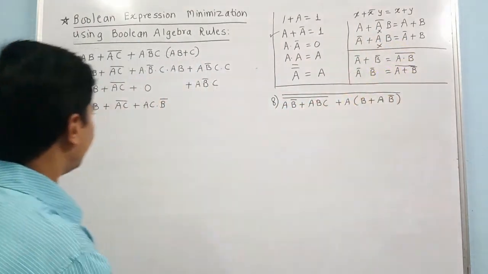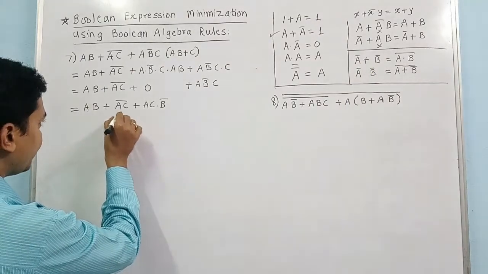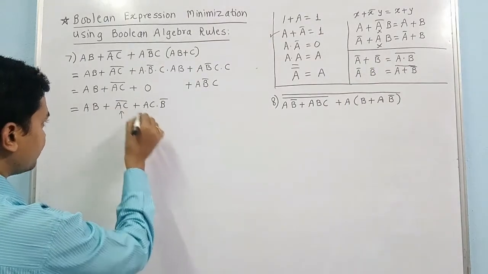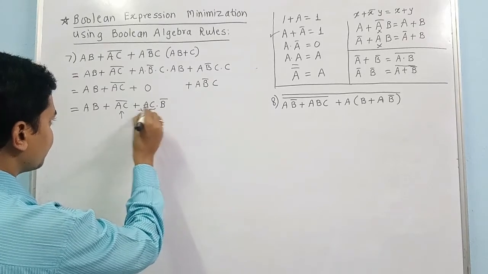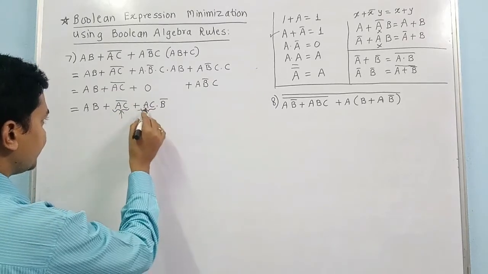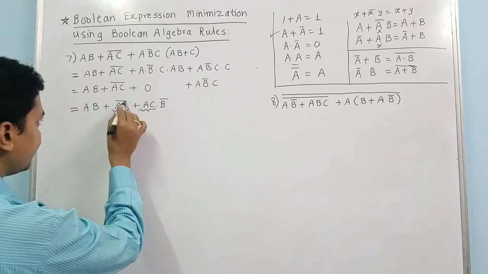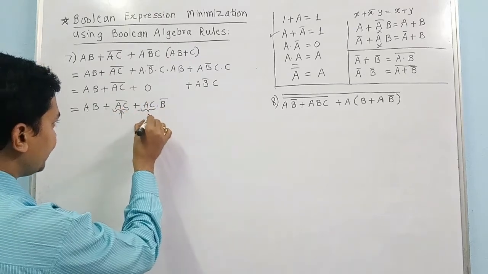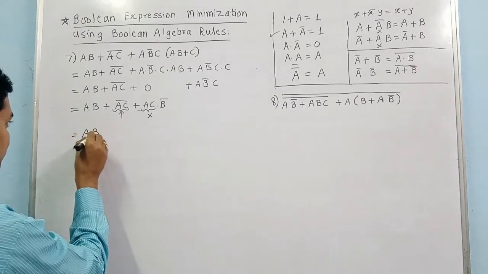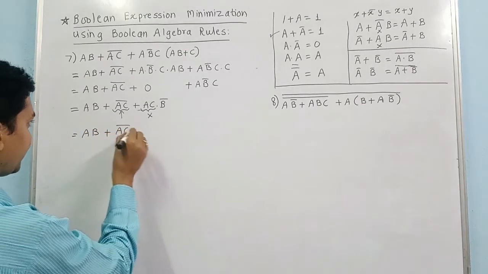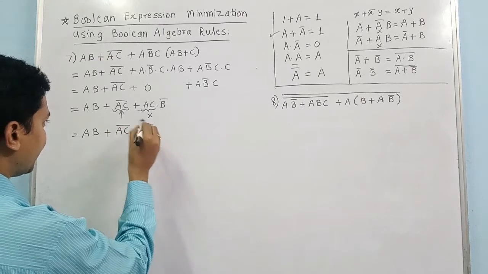So this is my a bar term, and this is my a term. So here ac will be discarded further. So next is ab plus ac bar plus b bar.